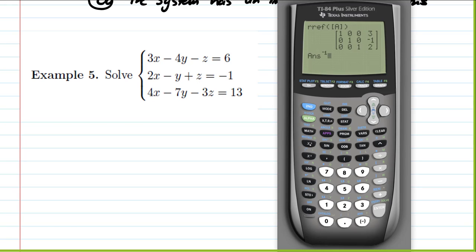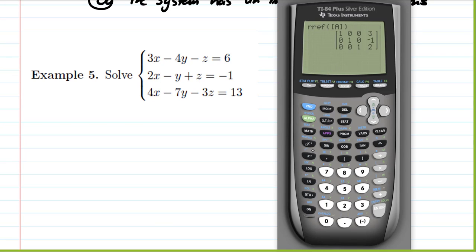So we go second matrix. I'm going to go over to edit, and once again it's a 3 by 4 matrix, and you can just type over what's in here. So 3, negative 4, negative 1, 6, 2, negative 1, 1, negative 1, 4, negative 7, negative 3, 13.